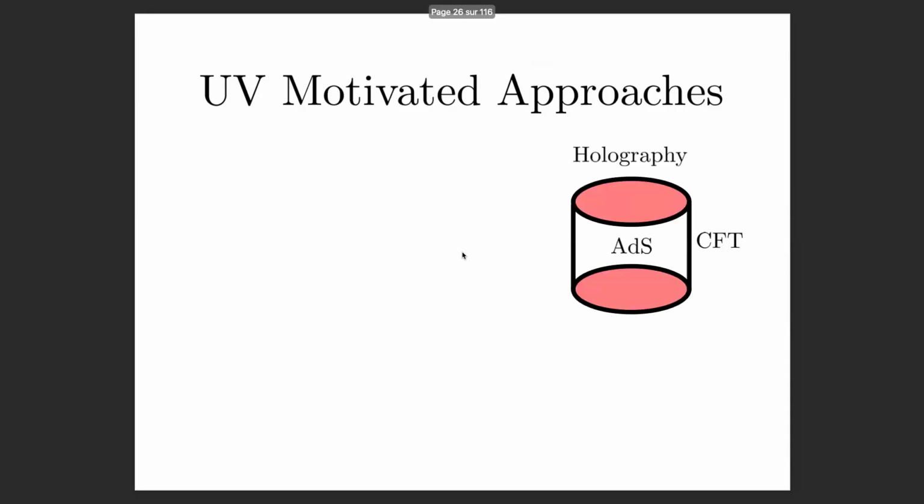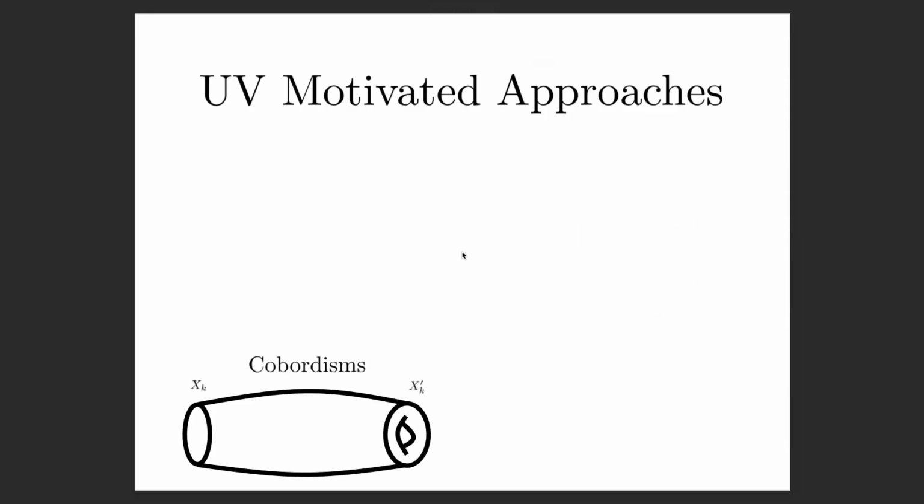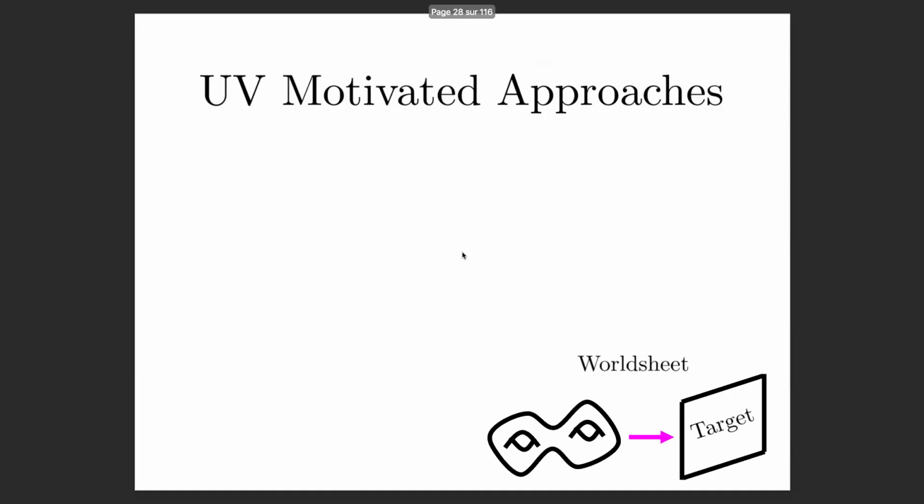Holography is the idea that there's some gravitational system with negative cosmological constant, anti-de Sitter space. The boundary is a CFT. AdS is here being represented as a giant cylinder. This is the Lorentzian signature version. I'll be talking about that version and the Euclidean signature version. Interestingly enough, there's a way to access these questions through the so-called cobordism conjecture of McNamara-Vafa, not the other cobordism hypothesis, and then directly from looking at how strings experience the ambient target space geometry.